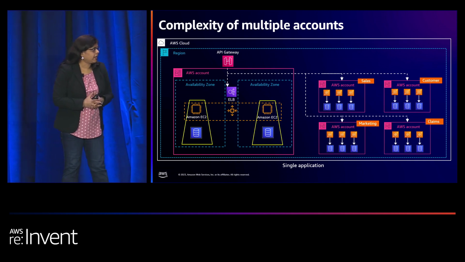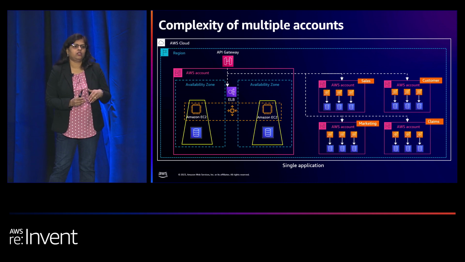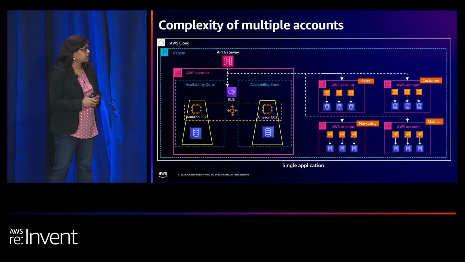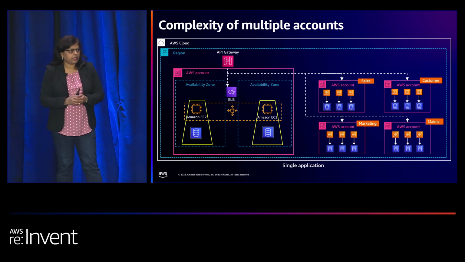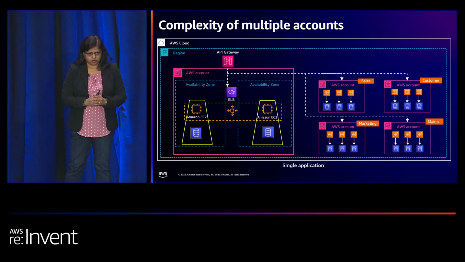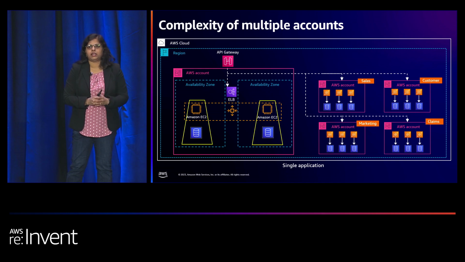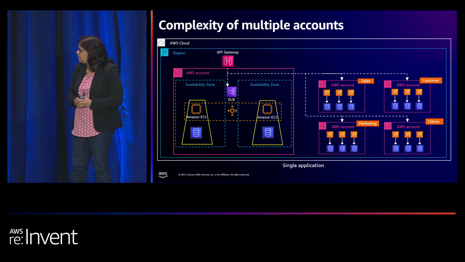In the multi-account architecture, you start to group some of these microservices into accounts based upon your business capabilities. By having this multi-account architecture, you are able to establish the governance, control, and properly manage your application.